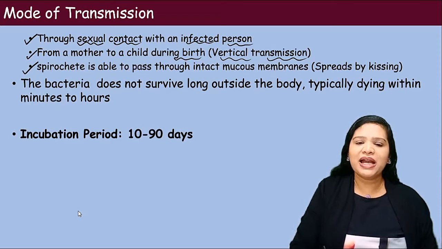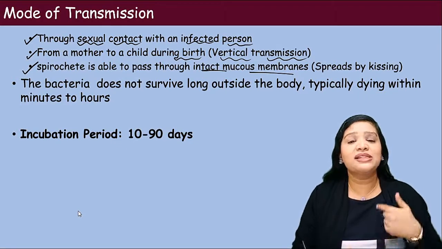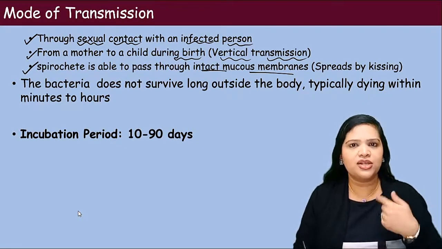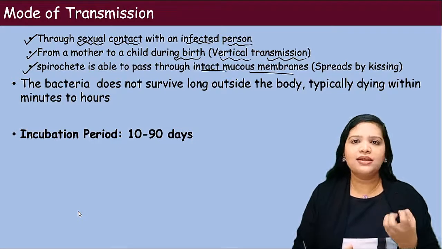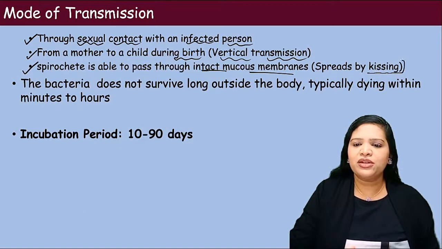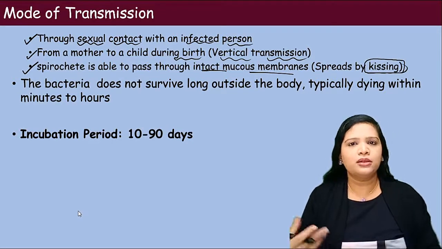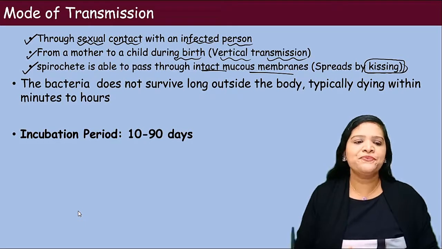And this bacteria is able to pass through intact mucous membrane. They pass through the mucus secretion, salivary secretion, genital secretion. So during sexual intercourse, it spreads, and even kissing is a mode of transmission. Clear? Okay.